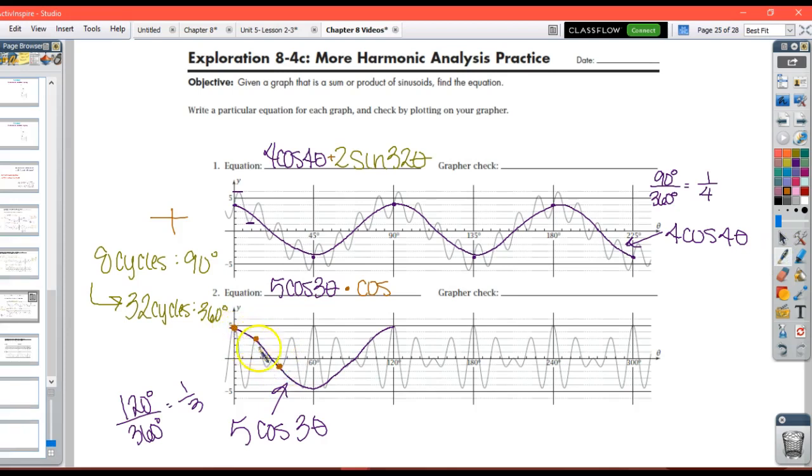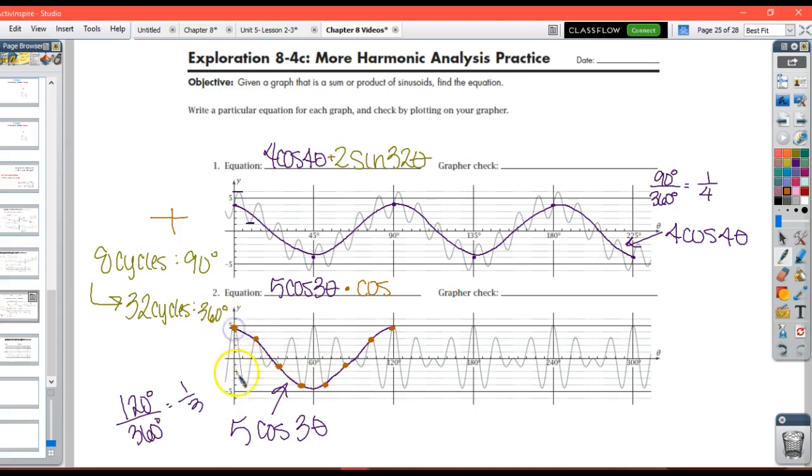Keeping this width the same, this would be my next tangent point, where here would be another, here would be another. Again, it's hard when you get down close to the x-axis to figure out where that point actually is, but just keep in mind the distance, one size of a period. So this would be the next one, this would be the next one, and then this would finish it out. In this one, I'm not going to count the points, but they do help me see the start and the end of cycles.